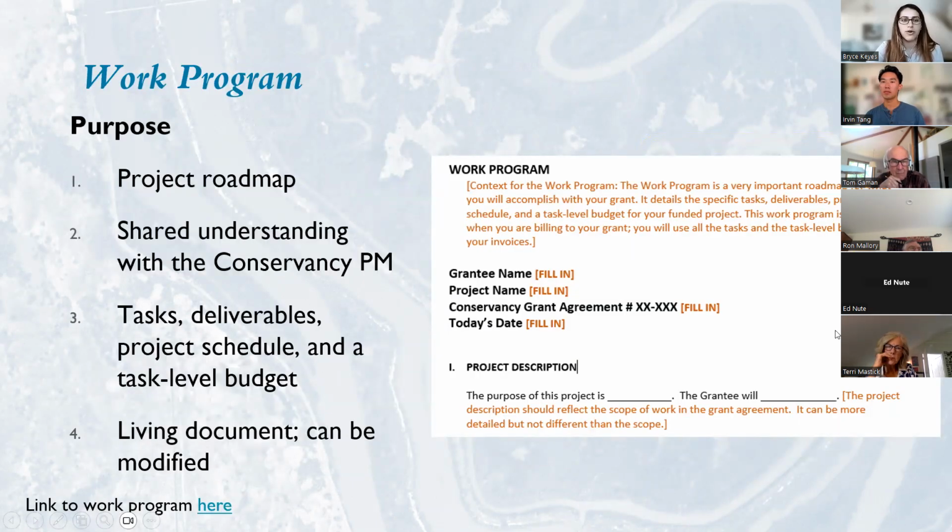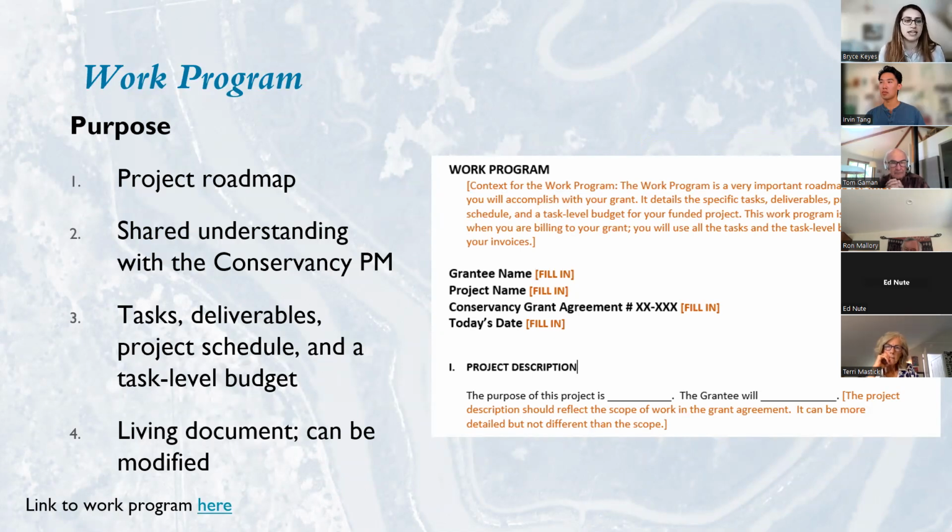So the work program is a roadmap that you write to help the project manager from the conservancy understand how you are going to conduct your project. So it's kind of this shared understanding, showing the steps of your project, and we break them down by tasks.